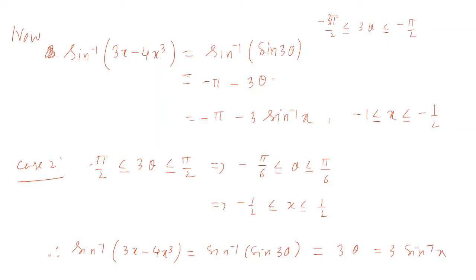You can take this 3 sine inverse x to the left and sine inverse this to the right. That is nothing. And then you take case number 3, and now the angle is from pi by 2 up to 3 pi by 2.